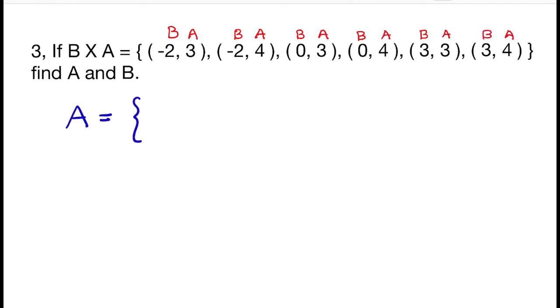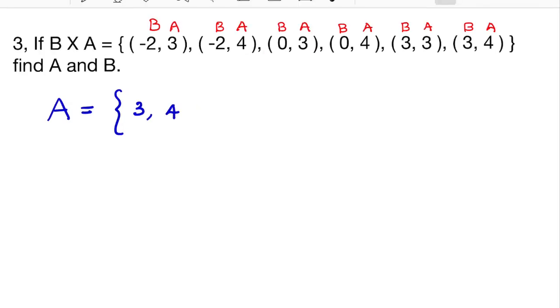So, elements of set A are 3 and 4. Here you can notice that elements 3 and 4 are repeating, but we cannot write 3 and 4 again in the set A because an element in a set cannot be repeated.